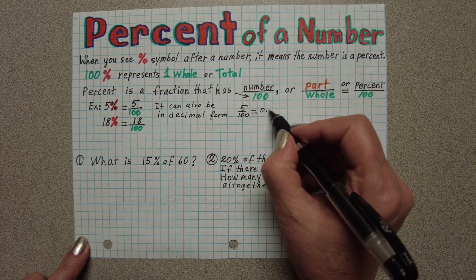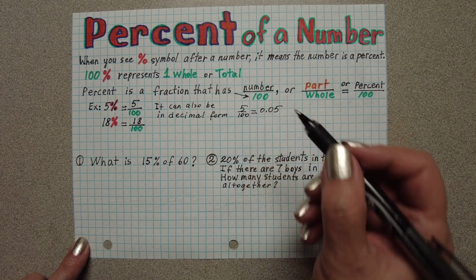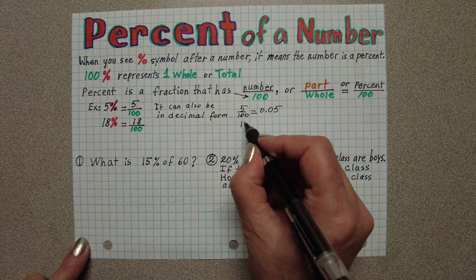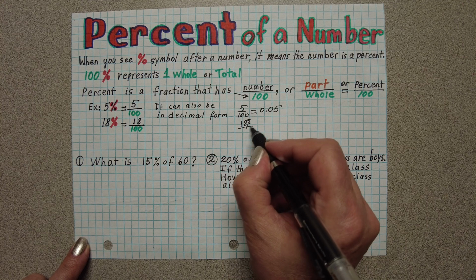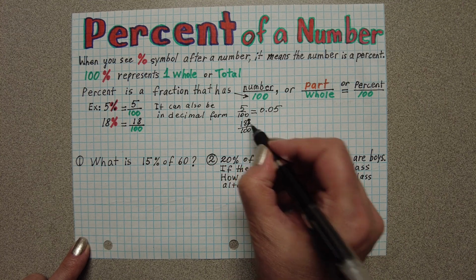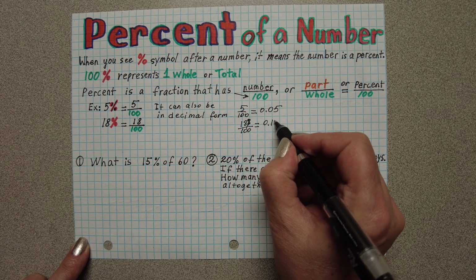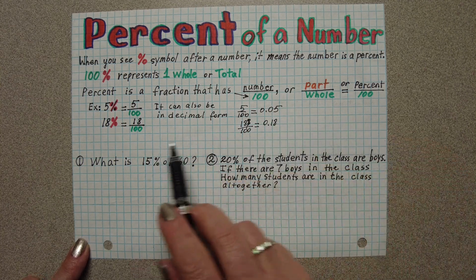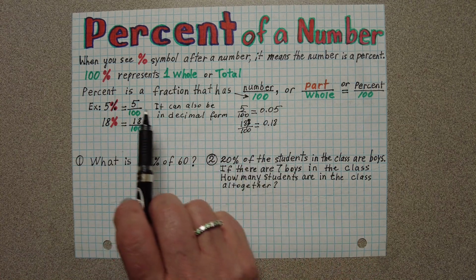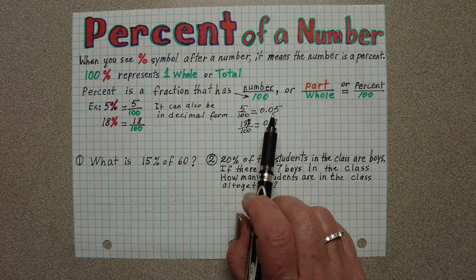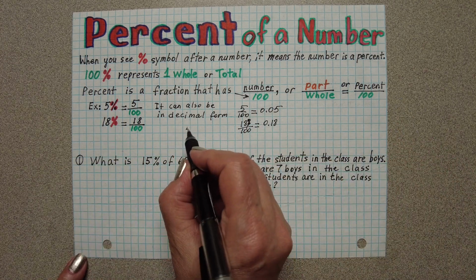It will be 0.05, or 5 hundredths. For this one, 18%, 18 divided by 100 without the percent will be equal to 0.18. So this is the way we can represent percents in fraction form or in decimal form.